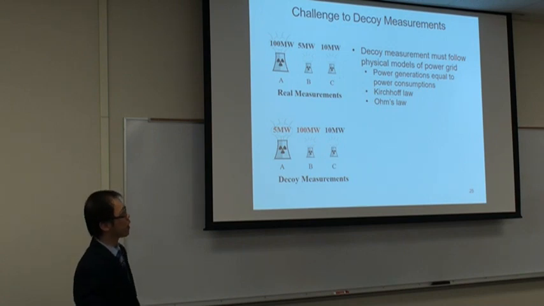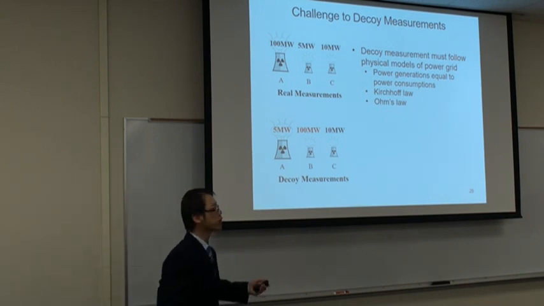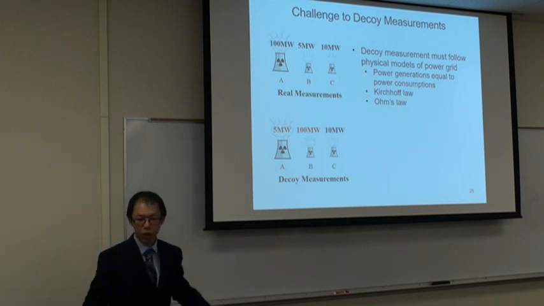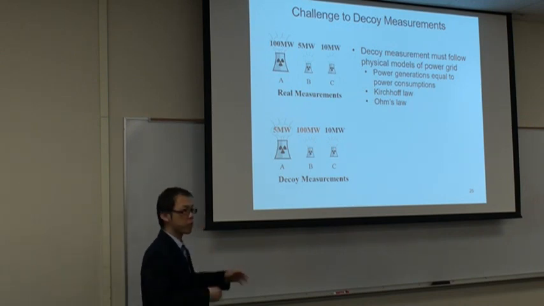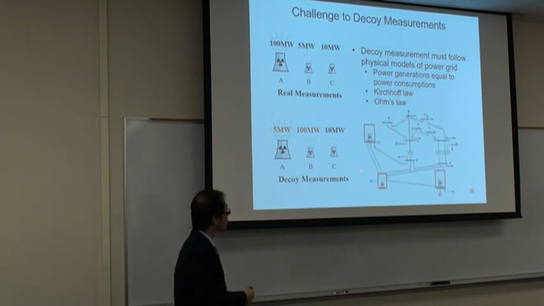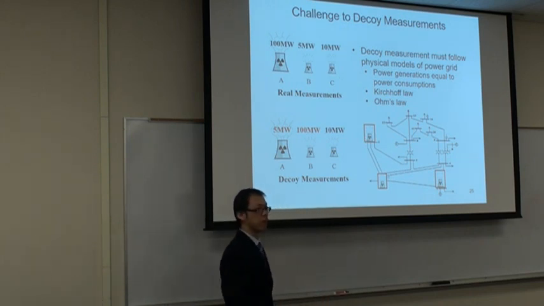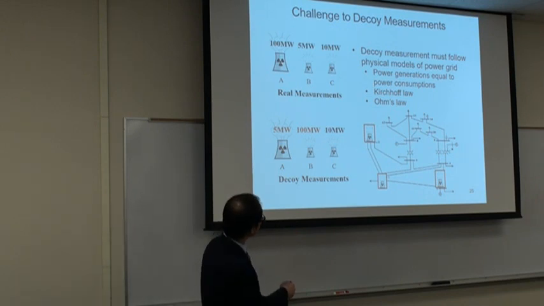But of course, this is not enough because decoy measurements still need to follow the physical model of the power system, such as the power generation needing to equal the power consumption, and Kirchhoff's laws and Ohm's laws. It sounds easy because it's just solving a bunch of equations, but imagine these three generators are actually located in this complicated power system, with a transmission network topology, each substation connected with transmission lines.